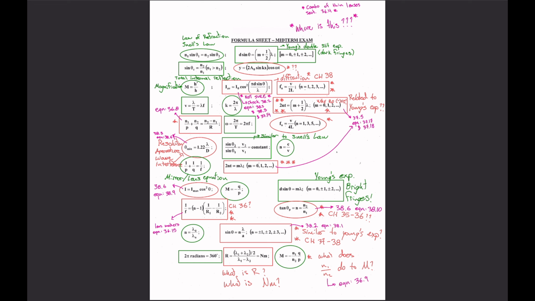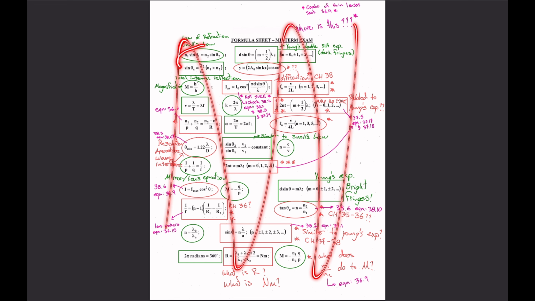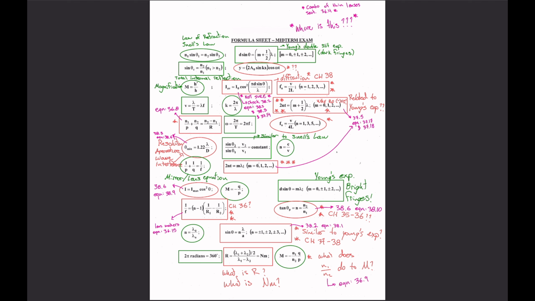So you want to do one sweep through of this entire equation sheet. Make sure you're able to circle everything in green. Once you're done, you can erase all of this or just print a new equation sheet and look at each of these equations and ask, do I have at the forefront of my mind one or two problems that use this equation that I can relate some kind of problem solving technique to?